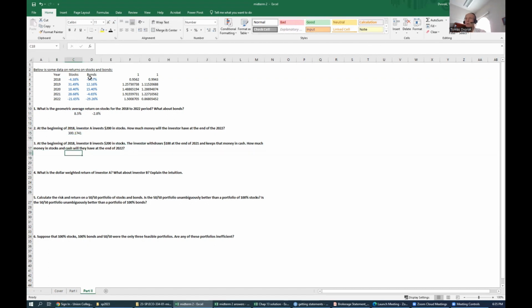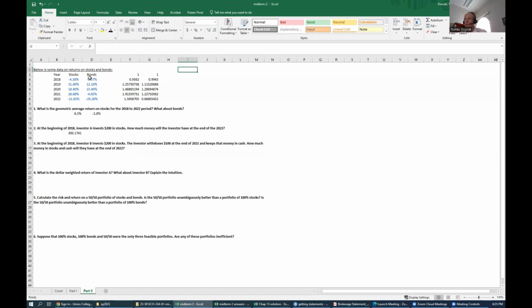At the beginning of 2018, investor B invests 200, but then they withdraw 100 at the end of 2021. So let's do that. We need to create a slightly more complicated formula because we've got some money taken out in the middle.